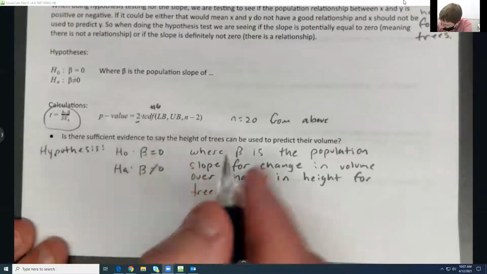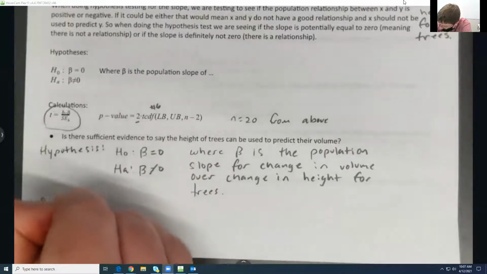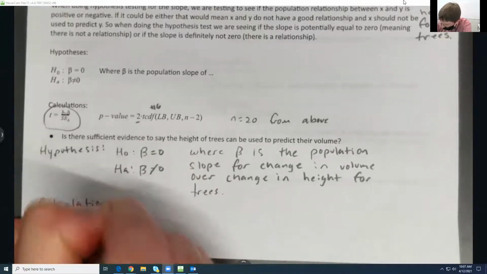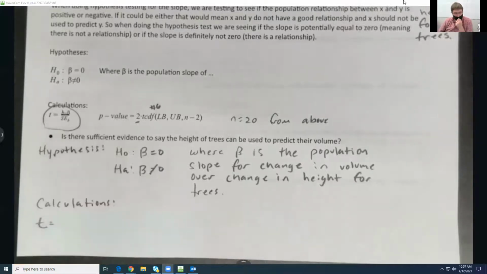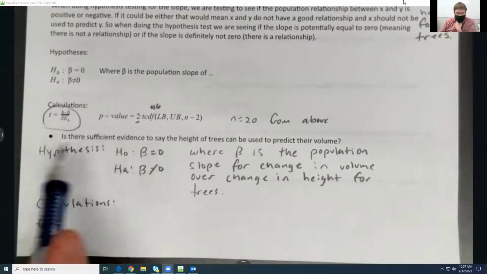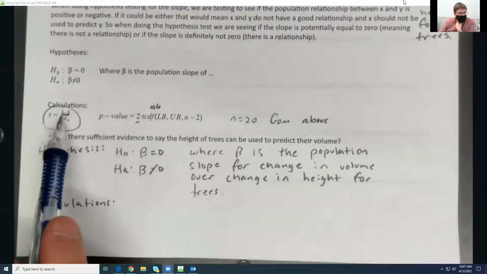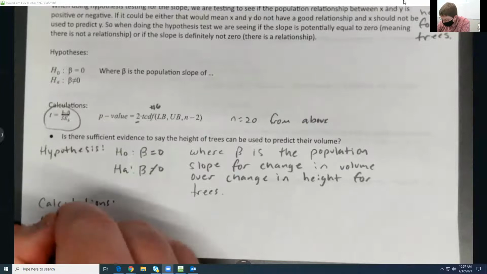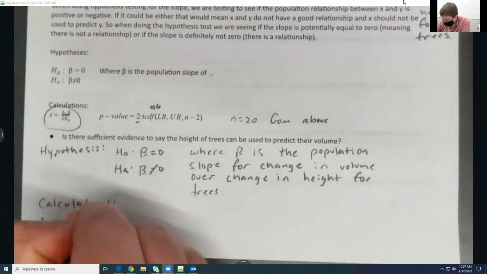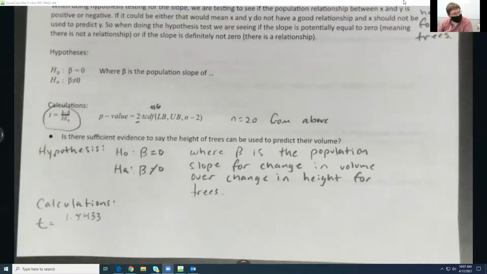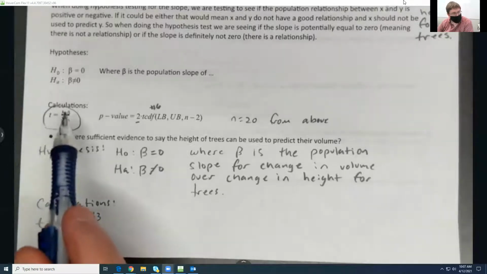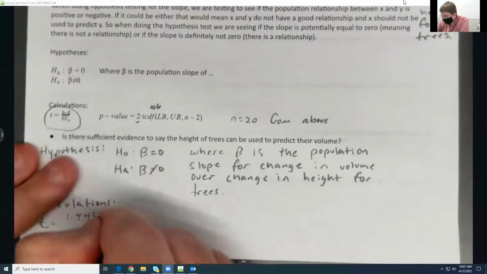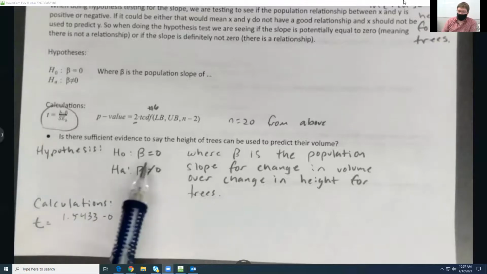All right, so let's do our calculations. We got to find our t first. So again, using this formula right here, we know all these answers. So little b, sample size b, that's going to be my 1.5433 from the computer generated output. The large b there, or beta, is going to be 0 because that's what my hypothesis is.